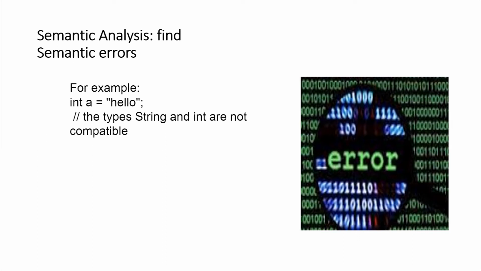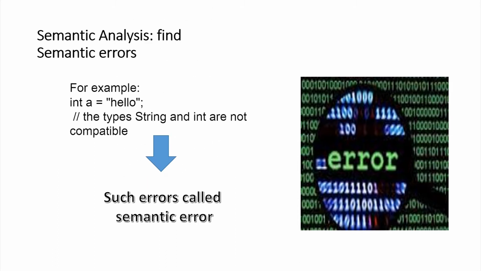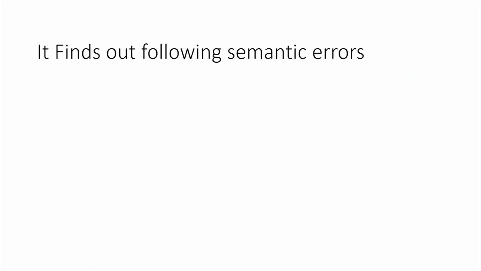So, these are not compatible, which means the integer variable cannot store a string because they are not compatible. In simple terms, an integer variable stores integer values and a character variable will store string values only. Hence, this phase checks these types of errors.